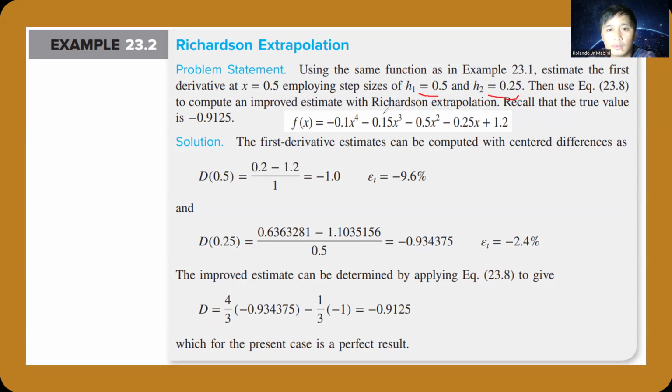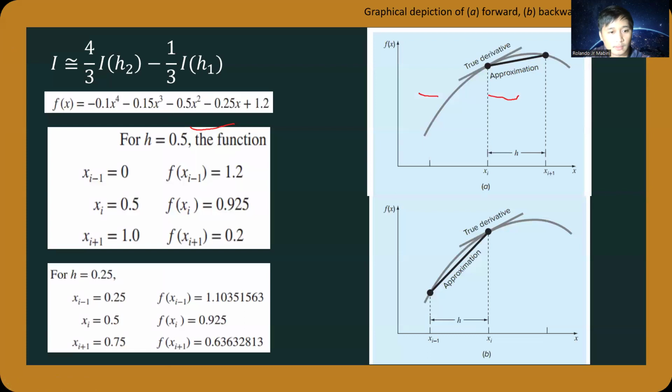To compute an improved estimate with the Richardson extrapolation, recall the true value. This is the value calculated for the step size 0.25, shown earlier, 0.9125.